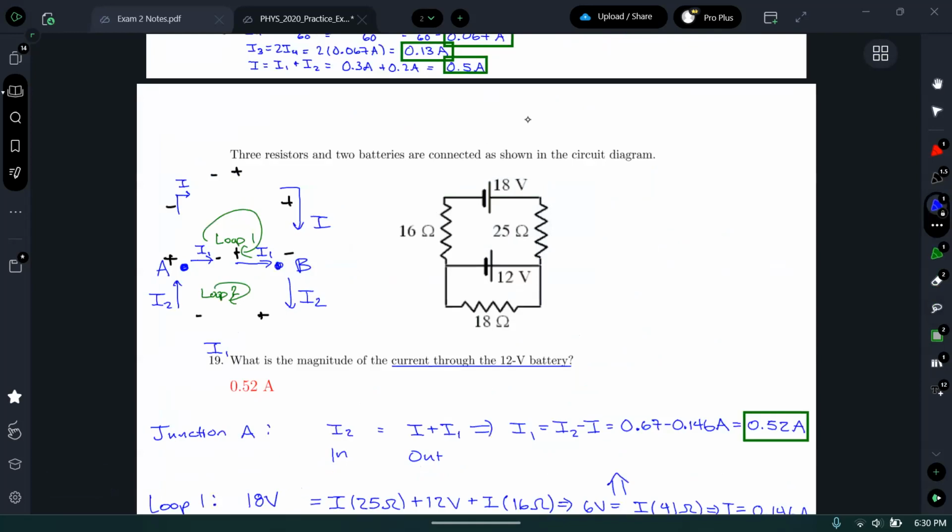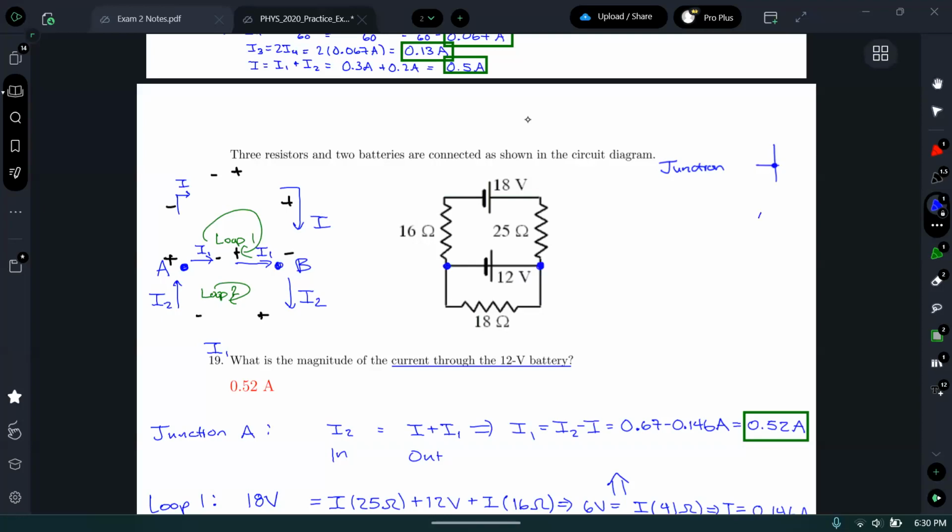I think the hardest step in Kirchhoff's rules is step 1, which is to label any junctions and then label currents based on those junctions. A junction is anywhere that you see 3 or more paths for current to flow. I see 2 spots like that. This one right here and this one right here.